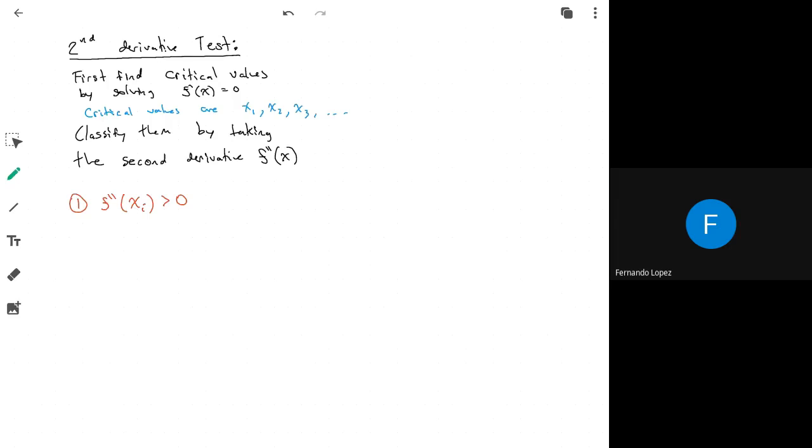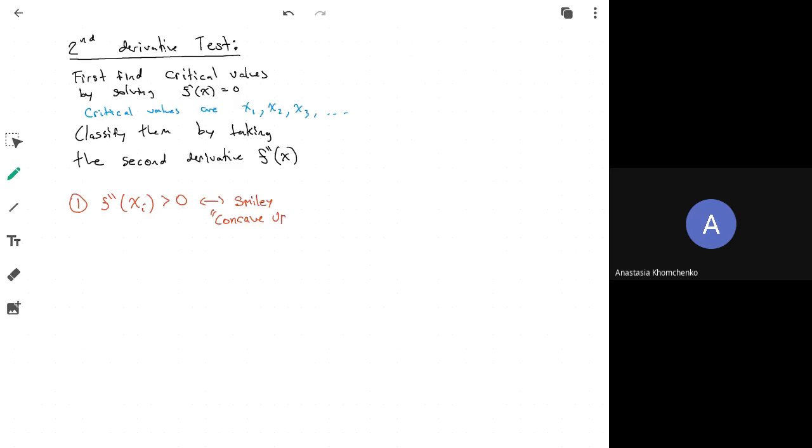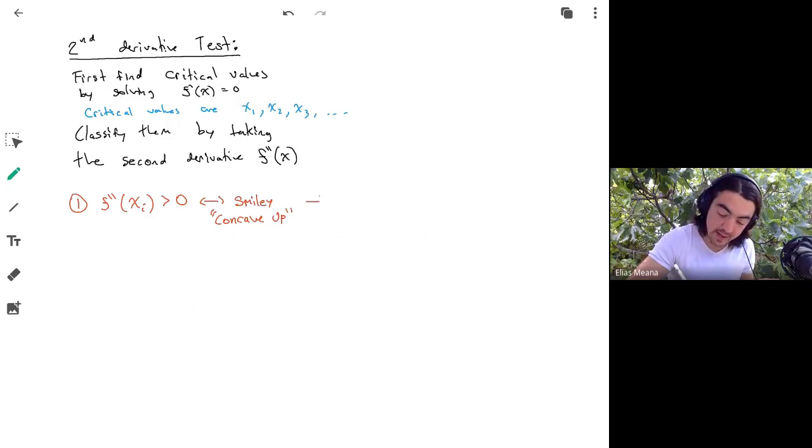It's a happy face. Yeah, it's a smiley, right? This tells us that it's smiley, or if you want the more formal math term, this means it's concave up. So it's a minimum. And so this has to be a minimum. So f of xi is a minimum.